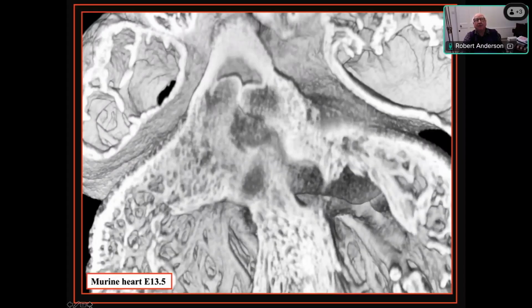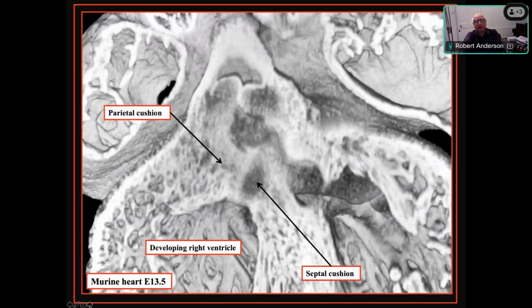I've shown you this before, I repeat it again. It is the fusion of the outflow cushions, the parietal cushion and the septal cushion, coming together that separates the aortic root from the cavity of the right ventricle, committing it through the secondary interventricular communication to the left ventricle.